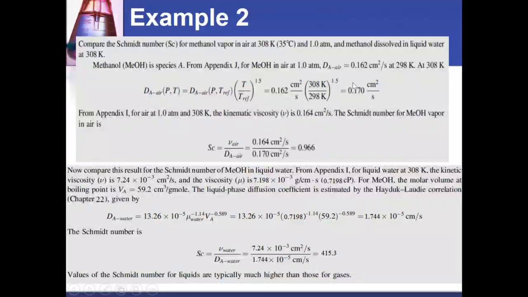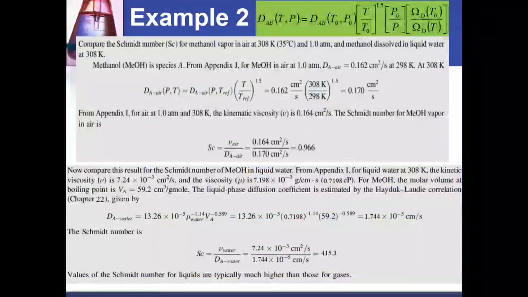Let's call methanol A. So the diffusion coefficient of A in air is 0.162 centimeters squared per second. This is at 298 Kelvin and 1 atmosphere. But the process is carried out at 308, so we have to extrapolate to this temperature.